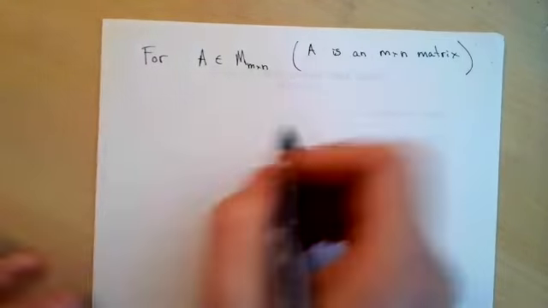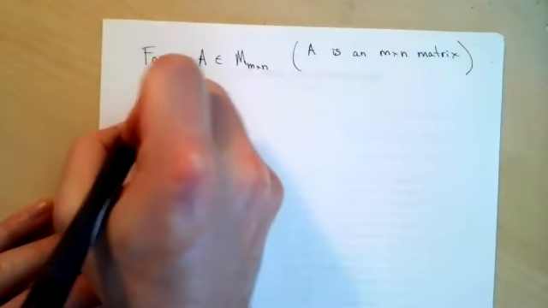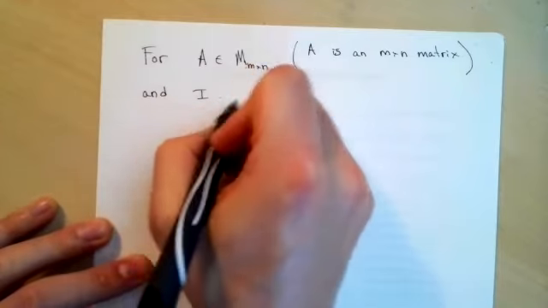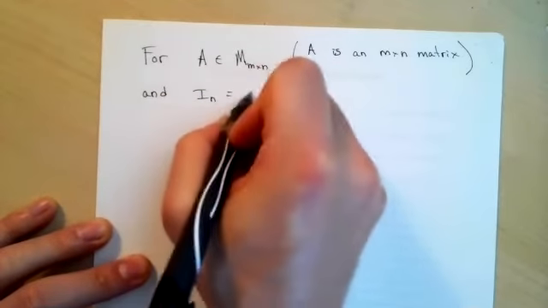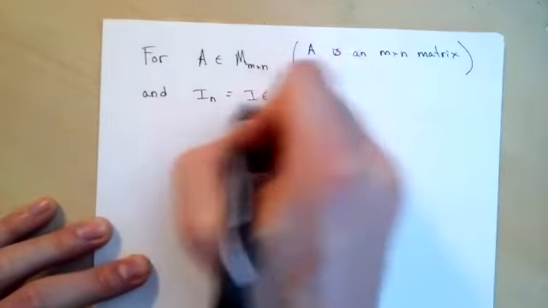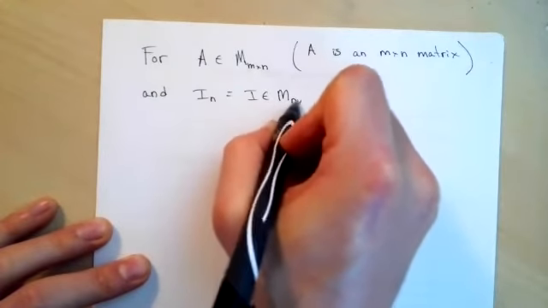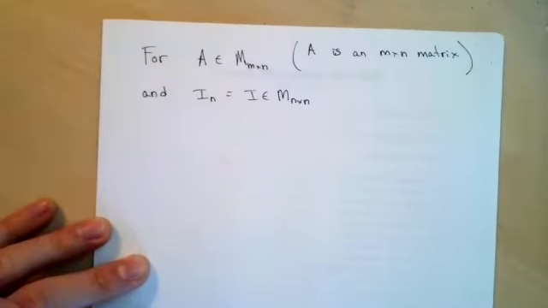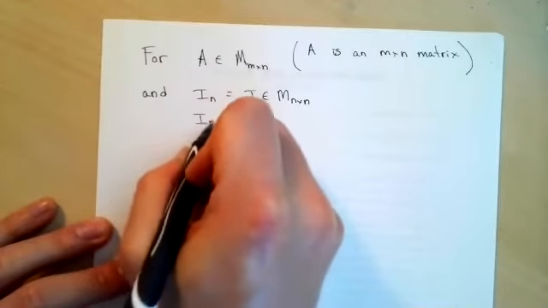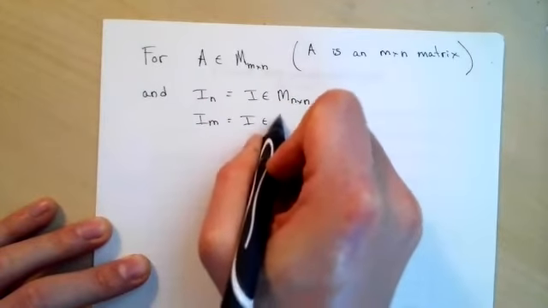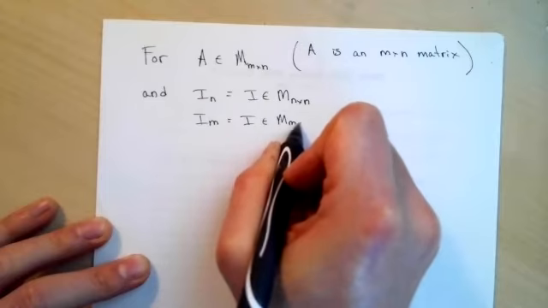So for an m by n matrix and our identity, I is always going to represent the identity. So I_n is just the identity element in square matrices, n by n, and I_m is the identity of just a different size.